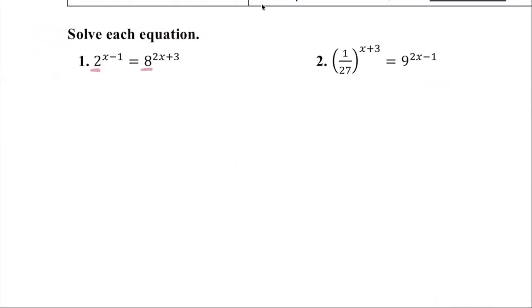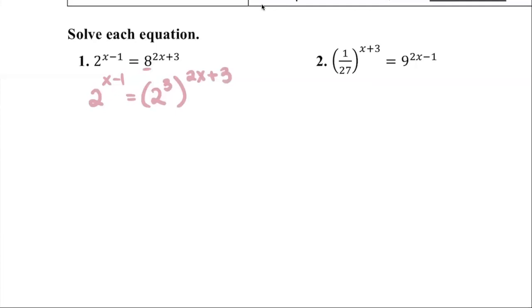So we need to change one or both of those bases to get them to be the same. We're going to use the skill from the warm-up, and let's change 8 into 2 to some exponent. I think you guys know that this should be 2 to the third to replace the 8. And then we have the 2x plus 3 on the outside.